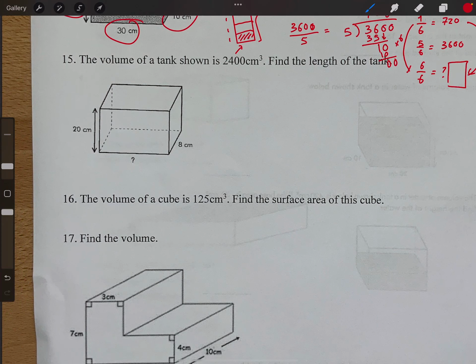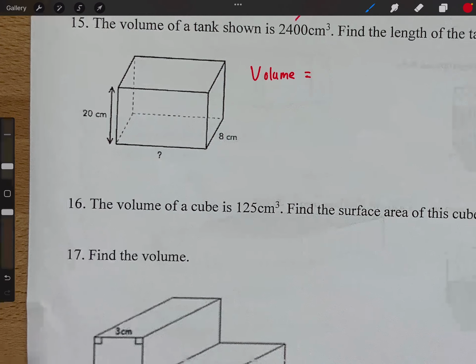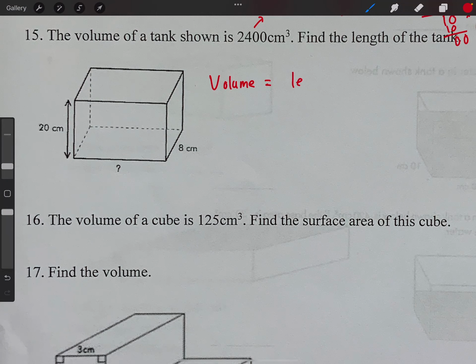Question 15. The volume of a tank shown is 2,400 centimeters cubed. Find the length of the tank. The volume of this tank is equal to length times width times height. The volume is given to us, so that's 2,400.